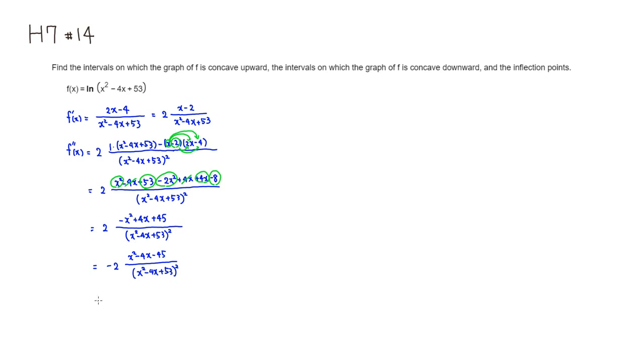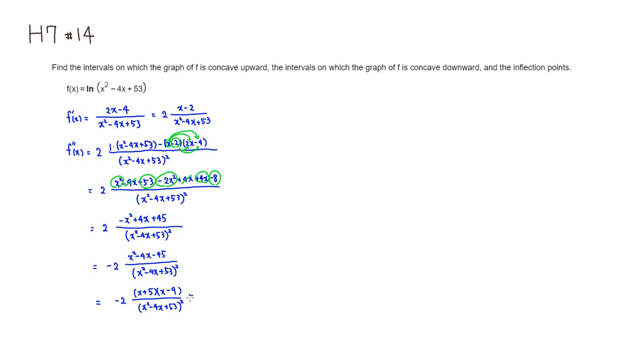Then we can factor the numerator, so negative 2 is still there. This is going to be x, and here's an x, plus 5, and minus 9. 5 times negative 9 gives you negative 45, and if you add them up, negative 4. So the denominator is x squared minus 4x plus 53, squared.